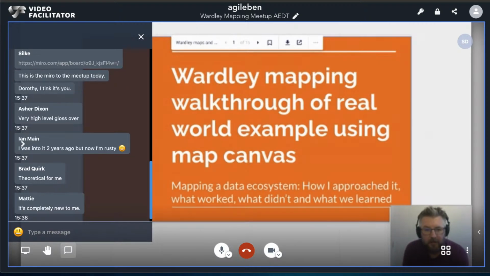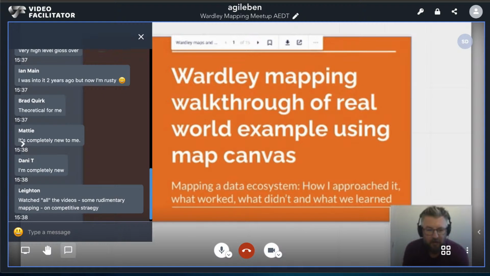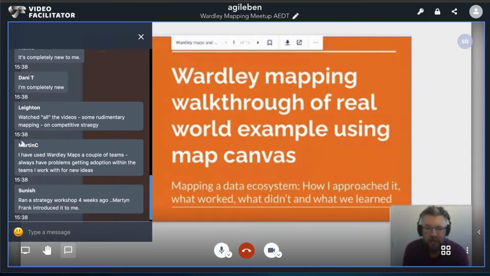So Ian was using it 2 years ago. Brad's saying it's theoretical, but it sounds like he's read a bit about it. Maddie, completely new. Danny, completely new. A few people high level. Awesome. Okay. So this is great because I've designed the content to hopefully be understandable, whether you're a complete initiate to mapping or whether you've had some experience.